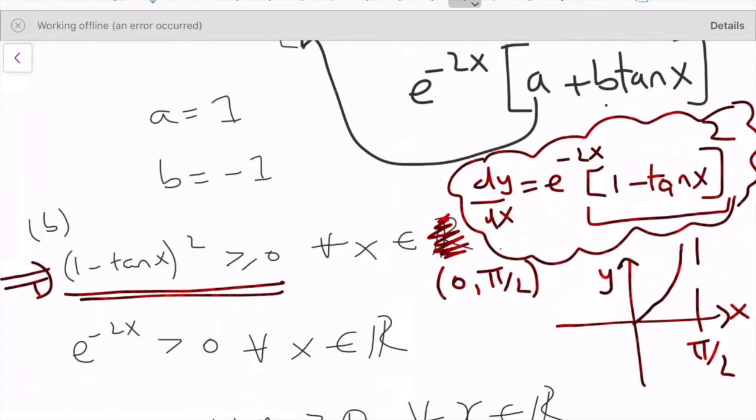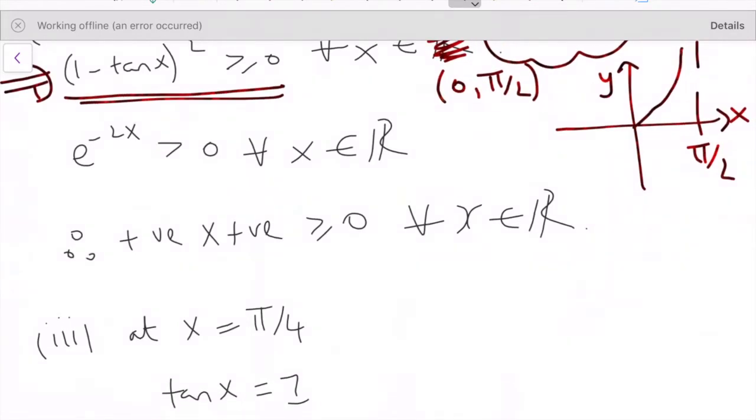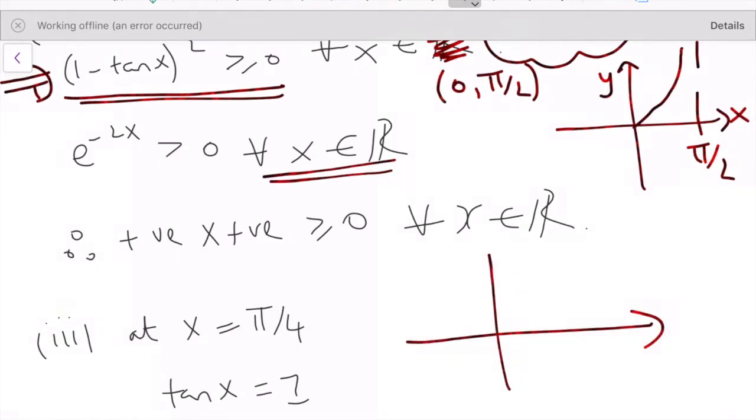And now e to the minus 2x is always greater than 0, and that's true for all real numbers, because if you plot a graph of e to the minus 2x, what does it look like? Well, it looks like this, right? And it crosses x equals 0 at 1.